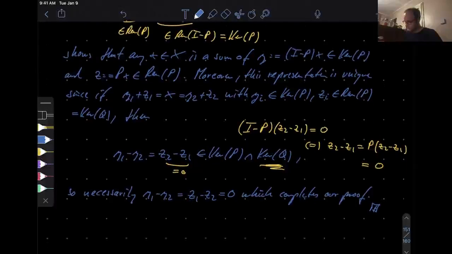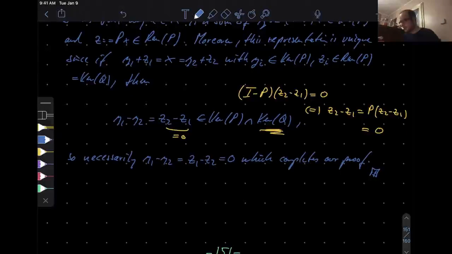Okay, good. Now, let's get back into the clarification of why we call it the projection lemma.